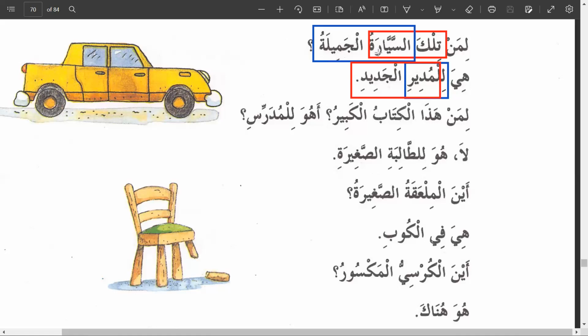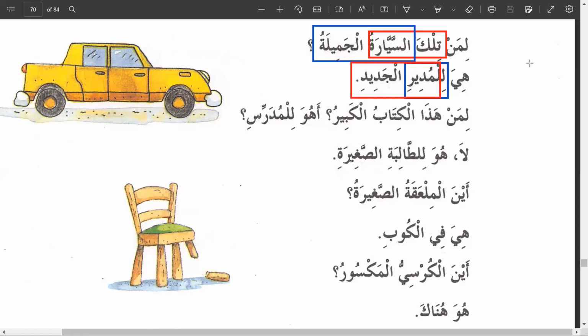Here is referring to the car, and the car is the subject. But is car masculine or feminine? Feminine. Why? Because the Arabs decided that? No, it's not because the Arabs said so. You can identify it very clearly. You can see the sign.